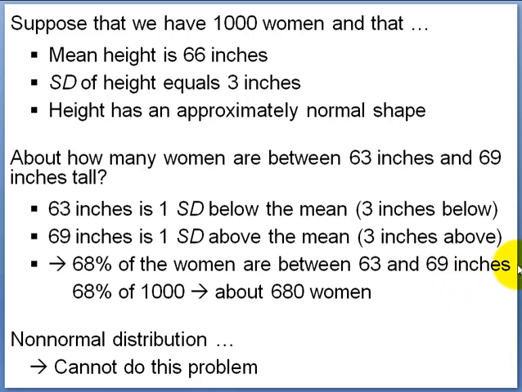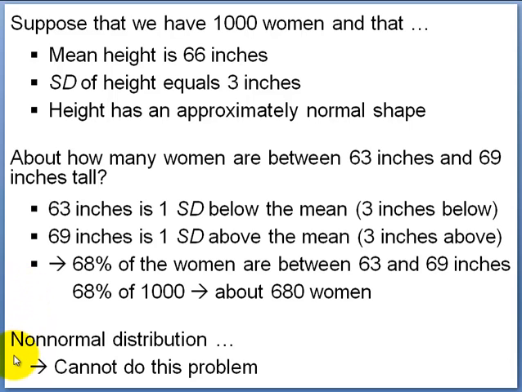And therefore, we can remember the prior slide and the defining characteristic of the normal distribution, and indeed this is a percentage that perhaps you ought to burn into your brain, so to speak. 68% of the women will be between 63 inches and 69 inches in height, approximately so. And what is 68% of 1,000? 680 women. So about 680 women will be in this range.